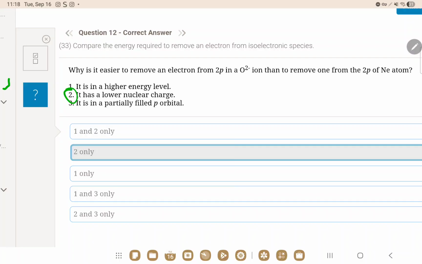When it has a lower nuclear charge, because it's before Ne in the period, it's easier to remove. If it has a higher nuclear charge, it has a higher ionization energy. Since it has a lower nuclear charge and a lower ionization energy, it's easier to remove from. Partially filled? No, because it's an ion, it fills its electrons to be like the noble gas, so they both have the same filled orbitals. So it's 2 only.